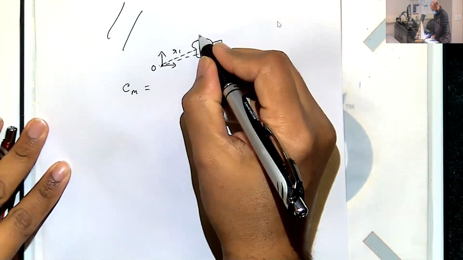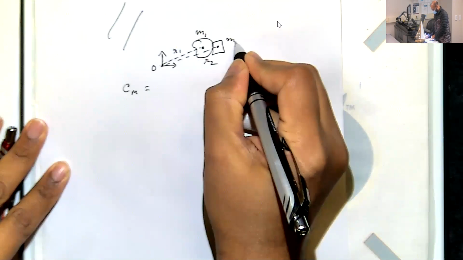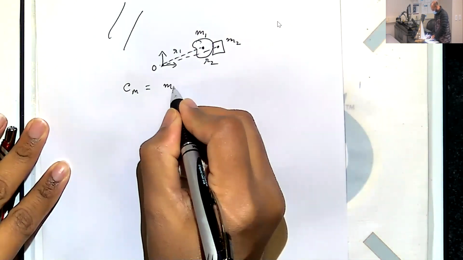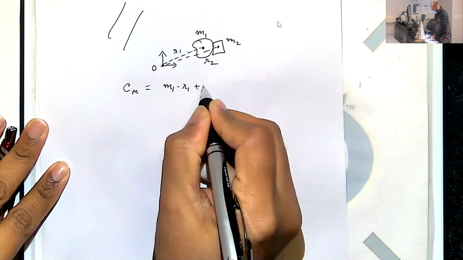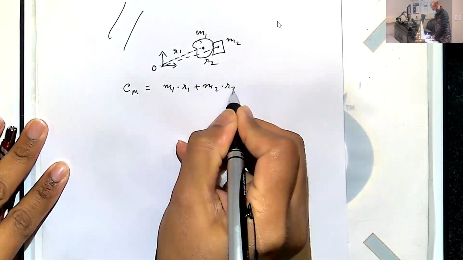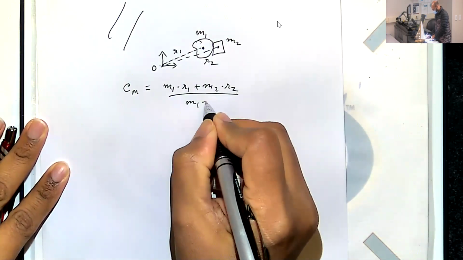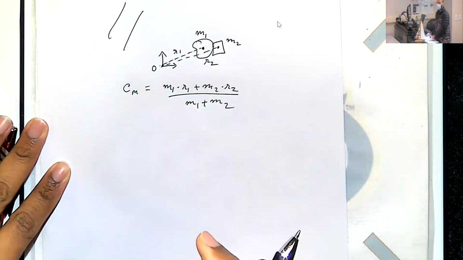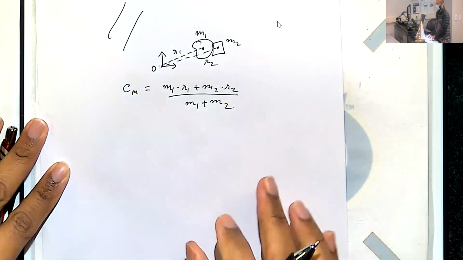This is mass 1, this is mass 2. The CM would be M1 times R1 plus M2 times R2, over M1 plus M2. Hopefully you've seen this before. Yes? Okay.